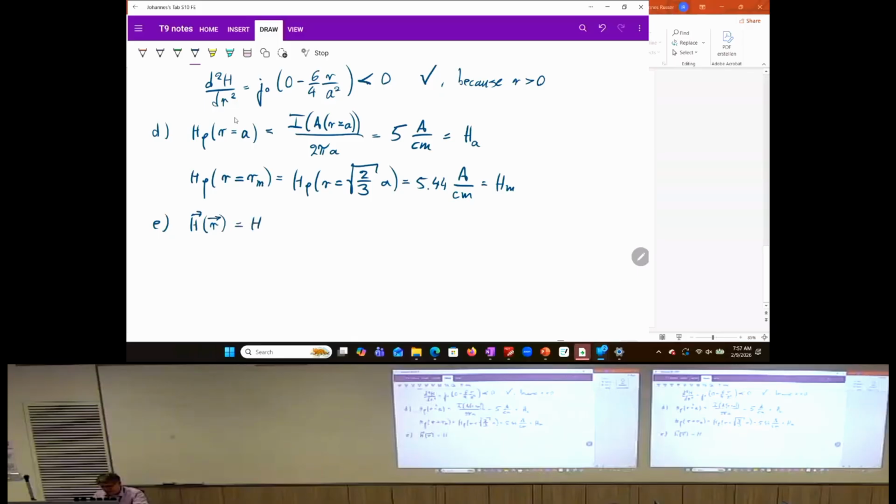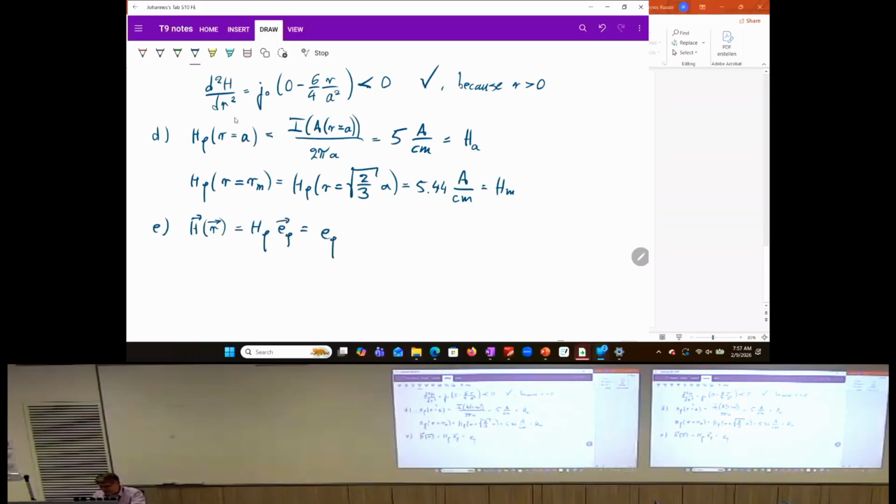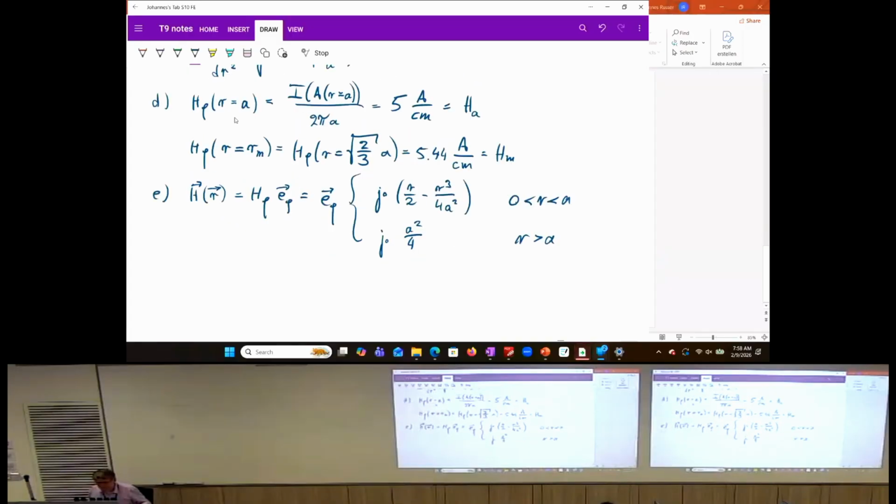It only has a phi component, and that is dependent on which region you're in: either J0 times (r over 2, minus r to the power of 3 over 4 a squared), what we computed before, or the other one, J naught a squared over 2 r.